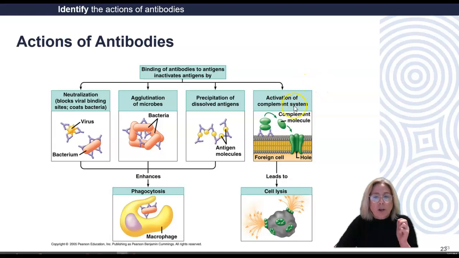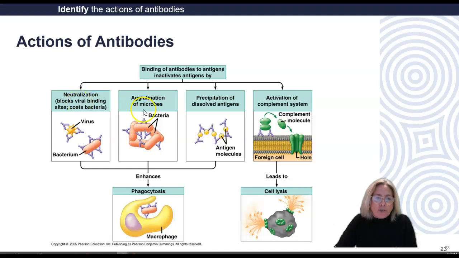Also activation of the complement system. Once complement is activated, you get that series of subsequent activation of the different proteins of the complement system, that then causes that punching of a hole through the plasma membrane of a particular pathogen.